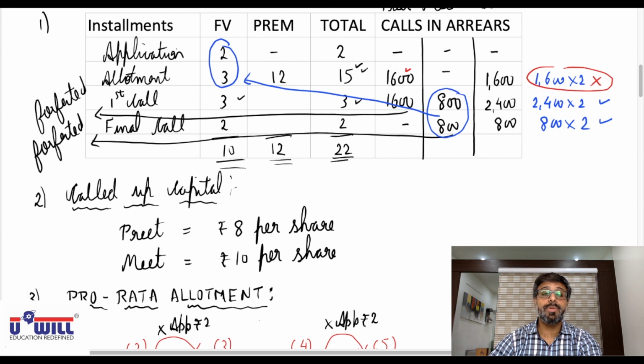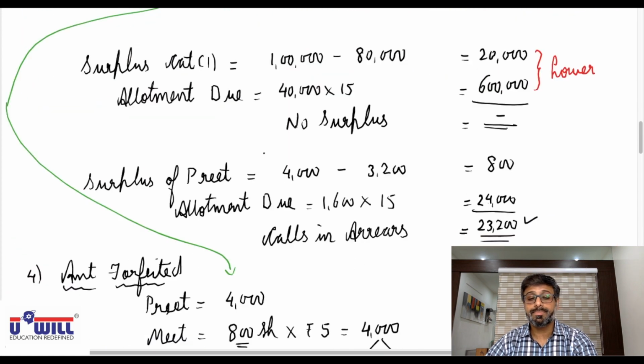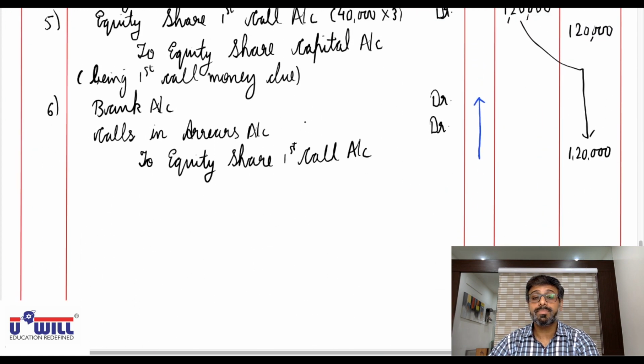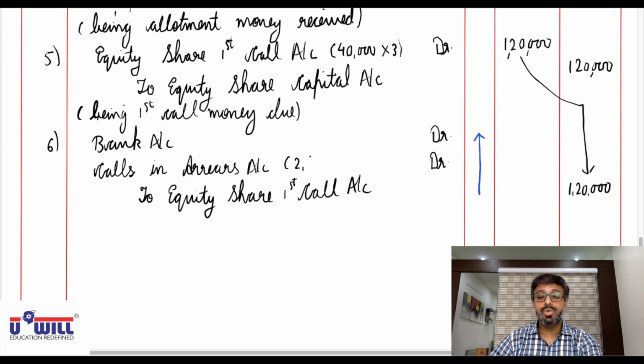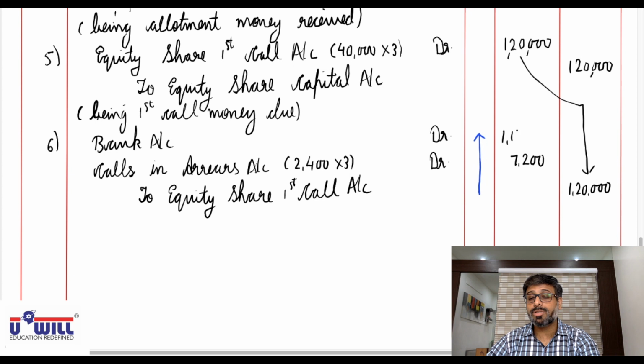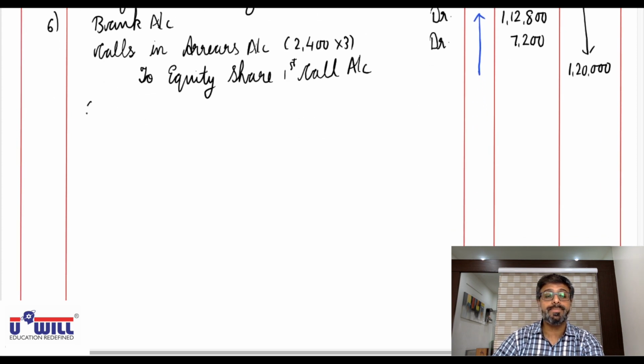Sorry, here it will be 3 rupees, not 2 rupees. 2400 into 3 rupees of first call, so 7,200. And 1,20,000 minus 7,200 is 1,12,800, being first call money received.